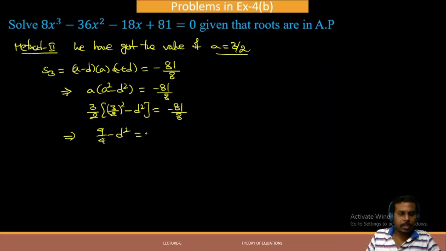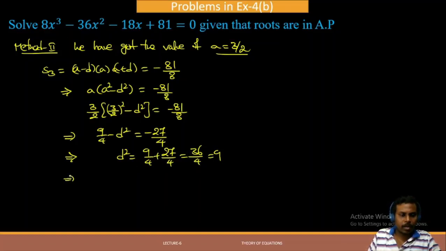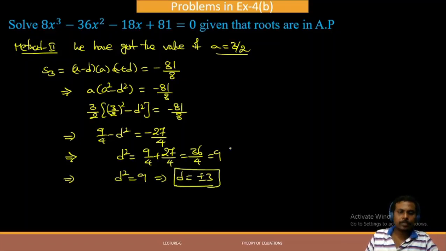If I cancel this, I will be getting minus 27 divided by 4. So this implies d square is equal to 9 by 4 plus 27 by 4, that is equal to 36 by 4, that is equal to 9. So d square is equal to 9, implies d is equal to plus or minus 3.